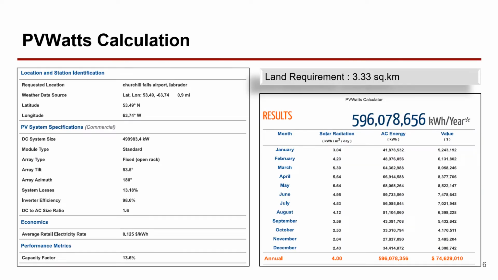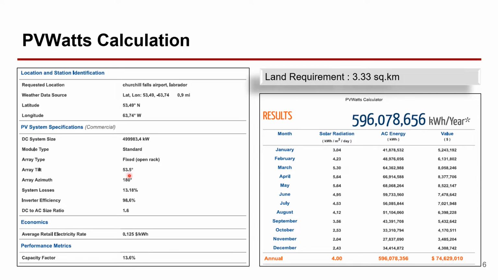Next step is to estimate the land requirement and the energy output for the project using PVWatts. So as the inputs, we had keyed in the location of the project, which is Churchill Falls Airport, Labrador, and the size of the system, which is 500 megawatts.